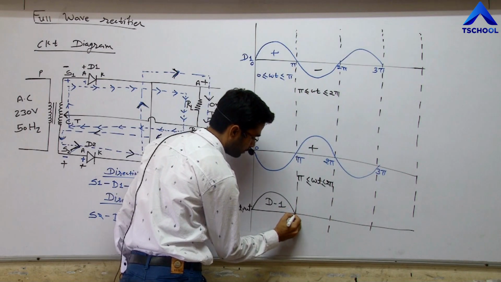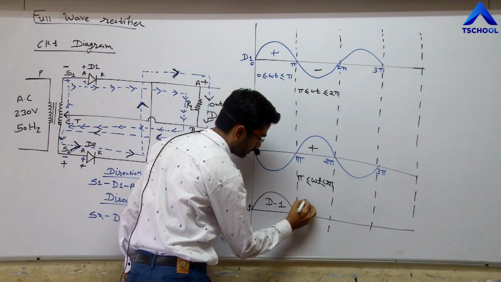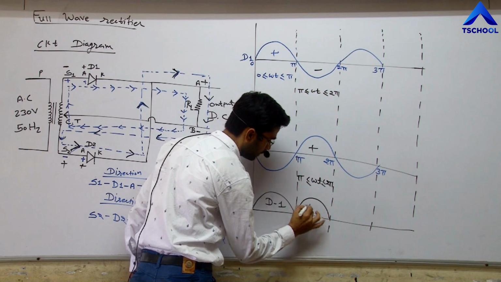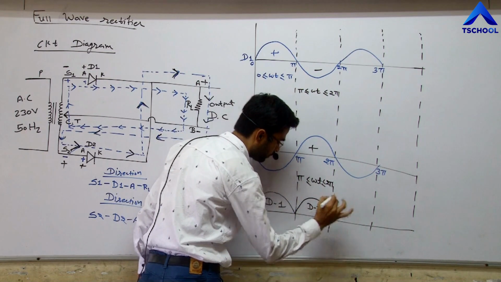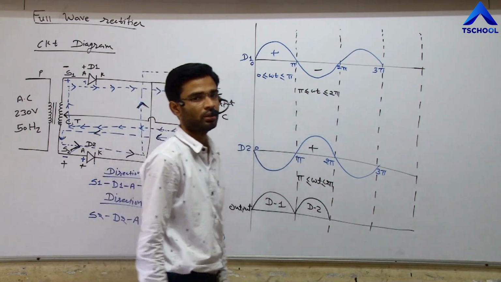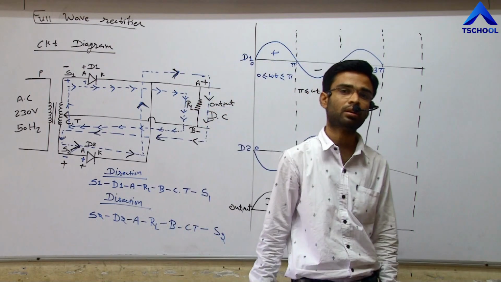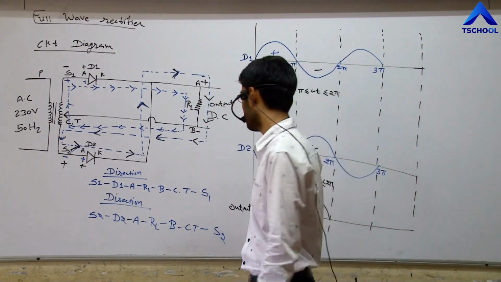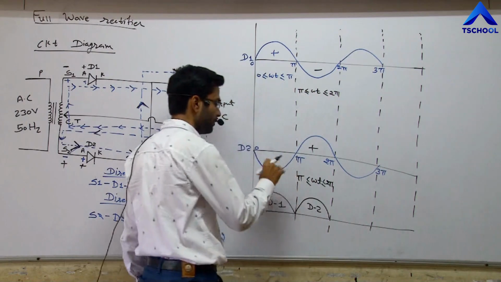We get the output because of diode D2 in forward bias mode in the second half cycle. Now this process is continuously repeating.